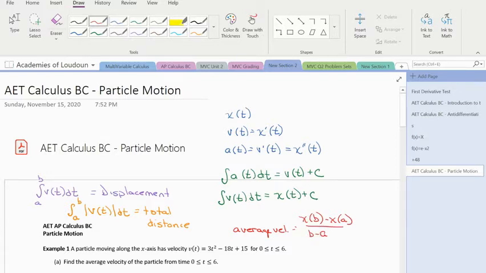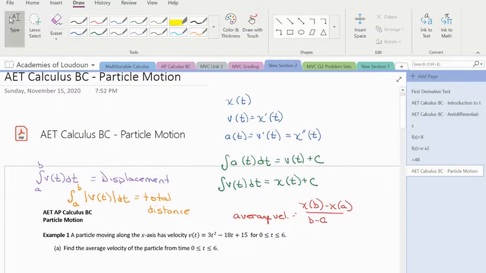Well, we can also see from the fundamental theorem of calculus that this is going to be 1 over b minus a times the integral from a to b of our velocity. So you can see that you can arrive at that average velocity function by using the fundamental theorem of calculus and the position function. Now, one thing that we need to be aware of is occasionally position can be written as s of t. S of t or x of t, it's the same function.